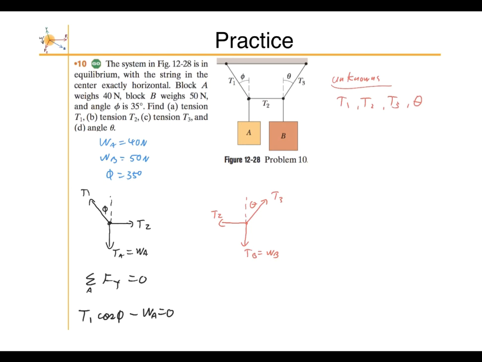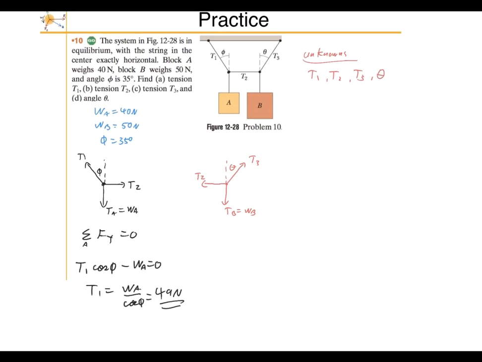So that gives us tension 1 right away. Tension 1 is equal to the weight of A over cosine phi. When we do that, we get 49 newtons. So 1 down. We can also do the sum of the forces in the x direction to get more information. So let's put a box around this.